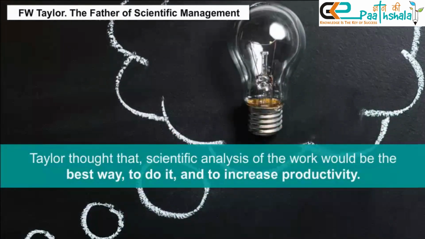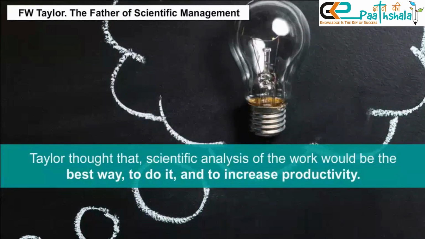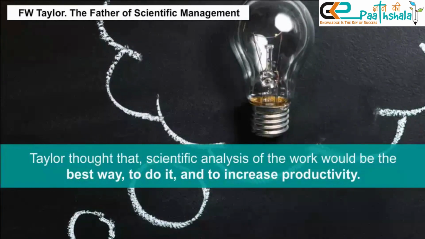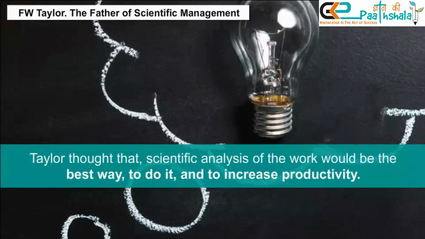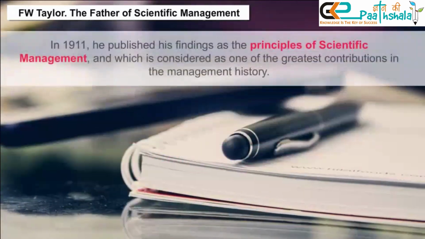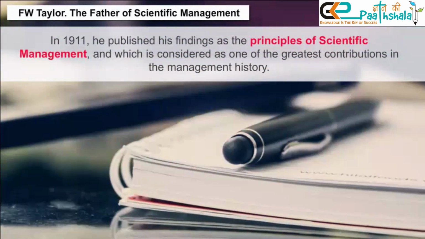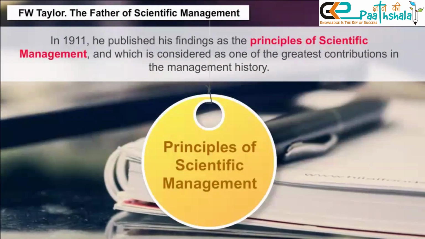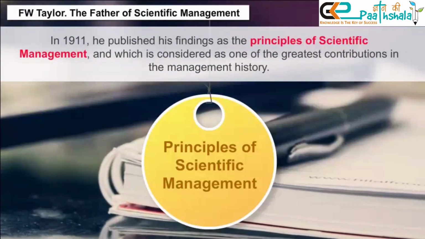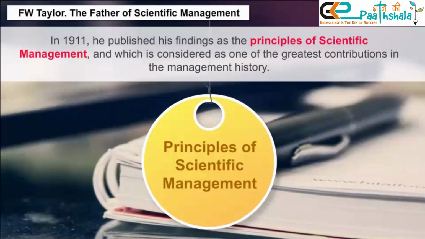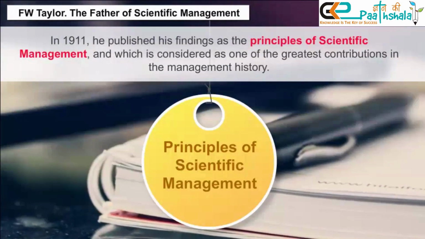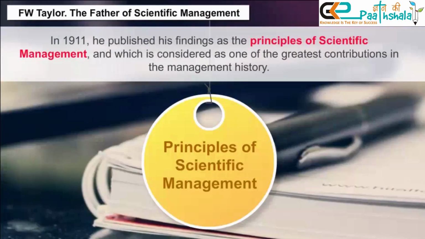Taylor thought that scientific analysis of the work would be the best way to do it and to increase productivity. In 1911, he published his findings as the Principles of Scientific Management, which is considered as one of the greatest contributions in the management history.